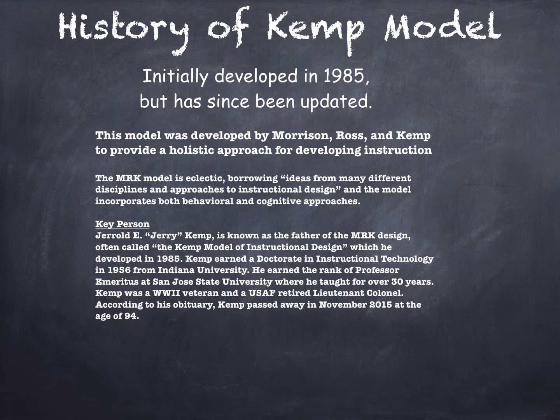The history of the Kemp model. It was developed in 1985, has since been updated. It was developed by Morrison, Ross, and Kemp, with Jerry Kemp being known as the father of the design model. It goes to the perspective of the learners, and since its original design in 85, it has been updated and is used in incorporation with other design models.